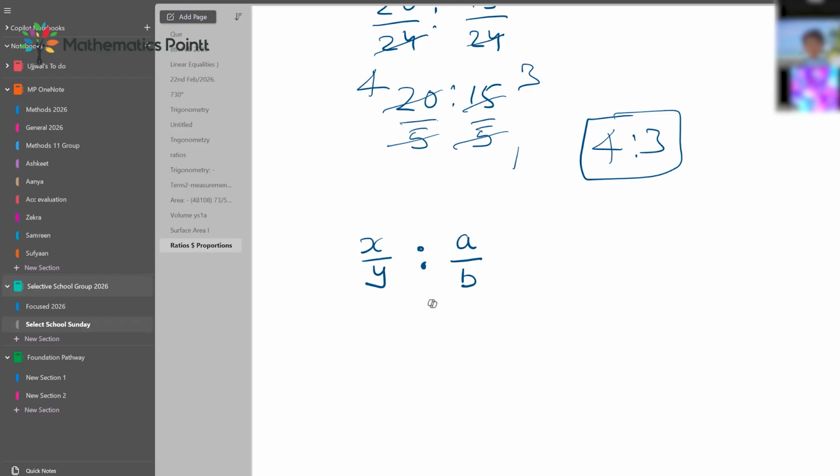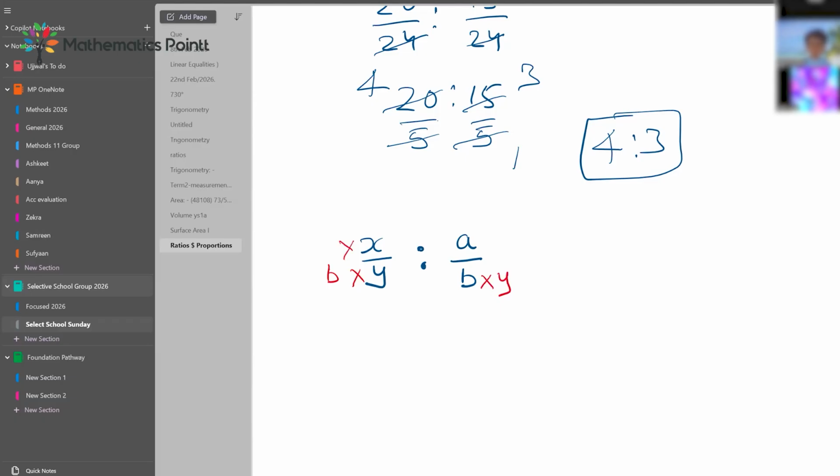Okay, let's try to do this. Now, how can I make the denominators look the same? If I multiply this by b, it becomes by. And if I multiply this by y, it becomes by.